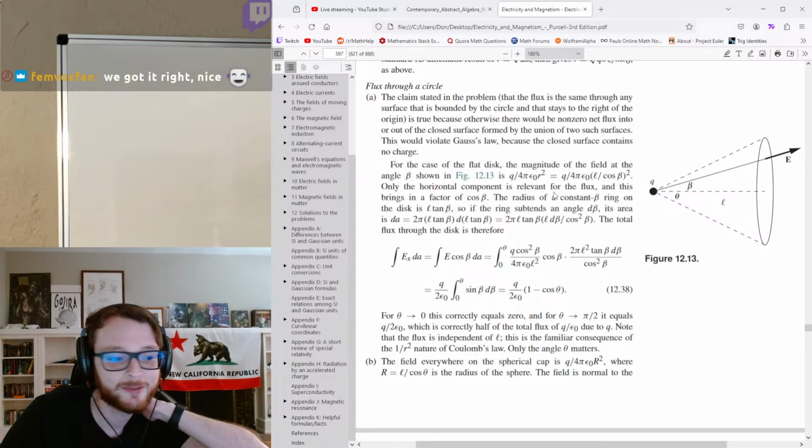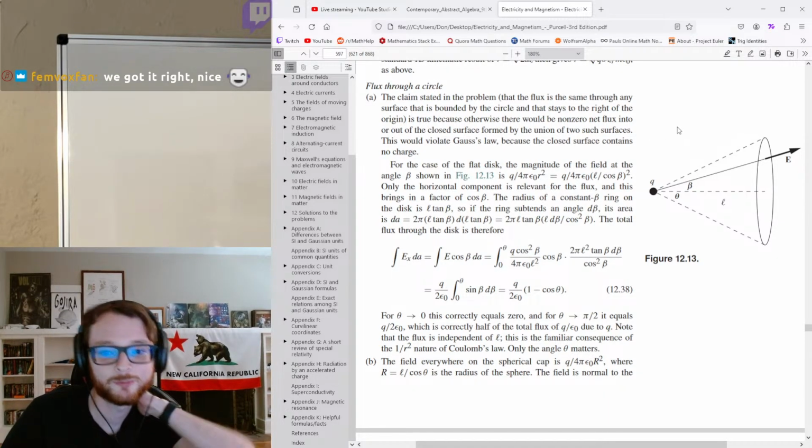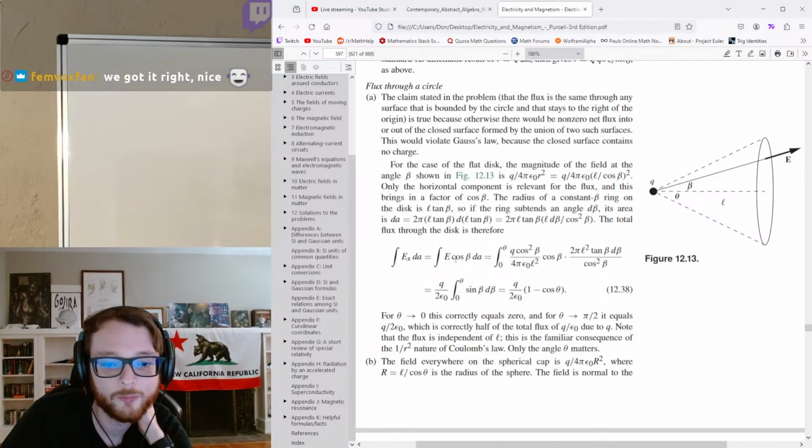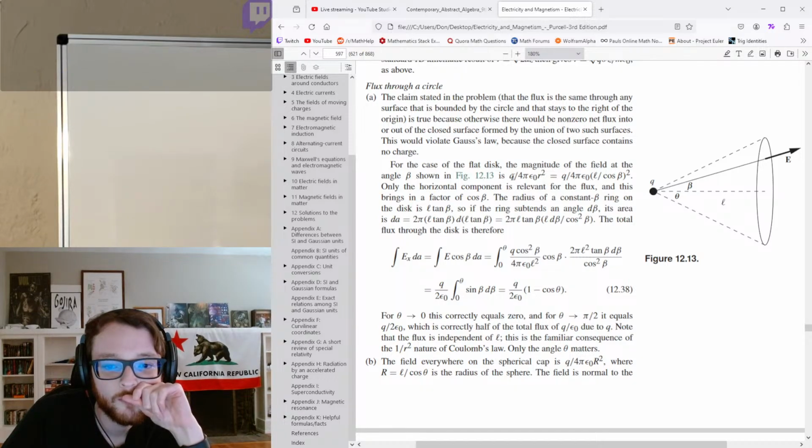Getting the same answer for each version is a nice confirmation, but I'm just curious how they did it. They reduce it to a single integral, I guess because they get this cosine beta term geometrically. Q over 4 pi epsilon naught r squared. They observe that r squared is equal to L over cosine beta.